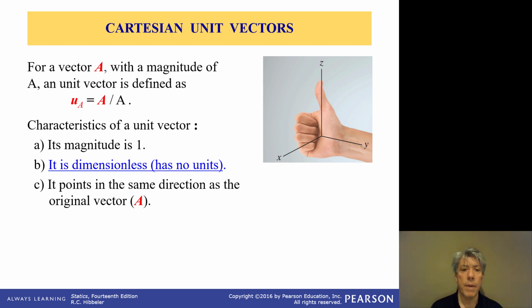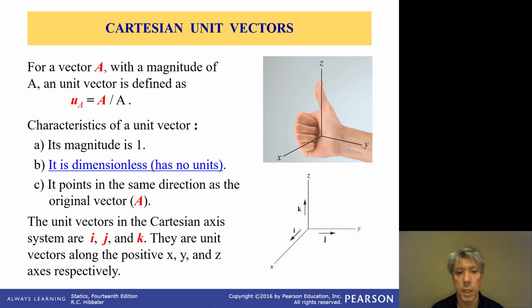An interesting thing about unit vectors is that they are dimensionless. They don't have any units, because if you think about it, if A is a force and we divide A as a vector by its magnitude, then the units would cancel, and so the unit vector would be dimensionless. Now, of course, that vector would point in the same direction as the original vector A pointed.